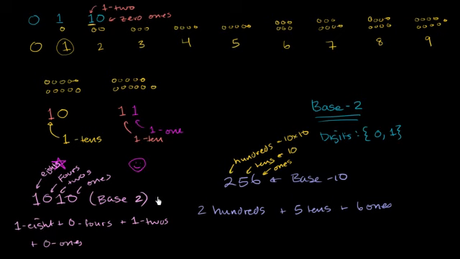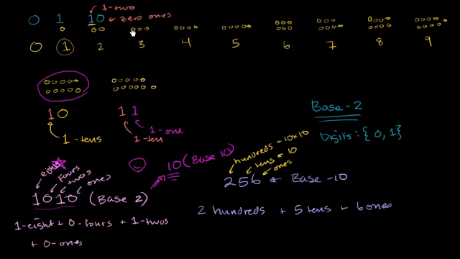So in base 10, this would be an 8 plus a 2, which is just a 10. This is how you would represent what we know as 10 things. This is how you would represent it in base 2. This is how we know we would represent it in base 10.